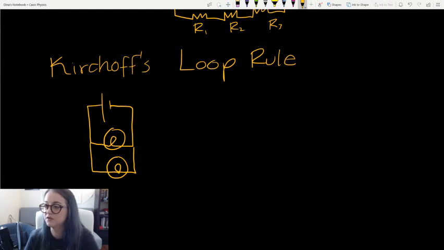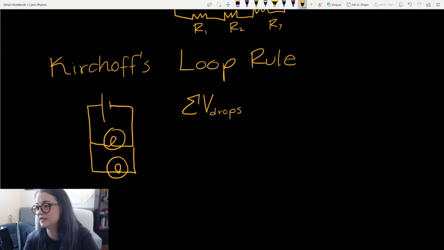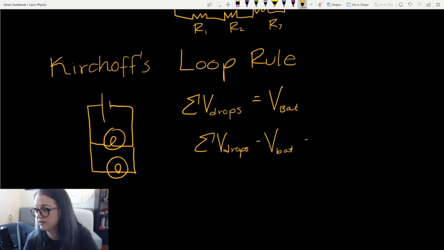The loop rule says that the sum of all of the voltage drops in a circuit has to equal the total voltage provided by the batteries, or sometimes you'll see it written as the sum of all of the voltage drops minus the voltage of the battery equals 0.